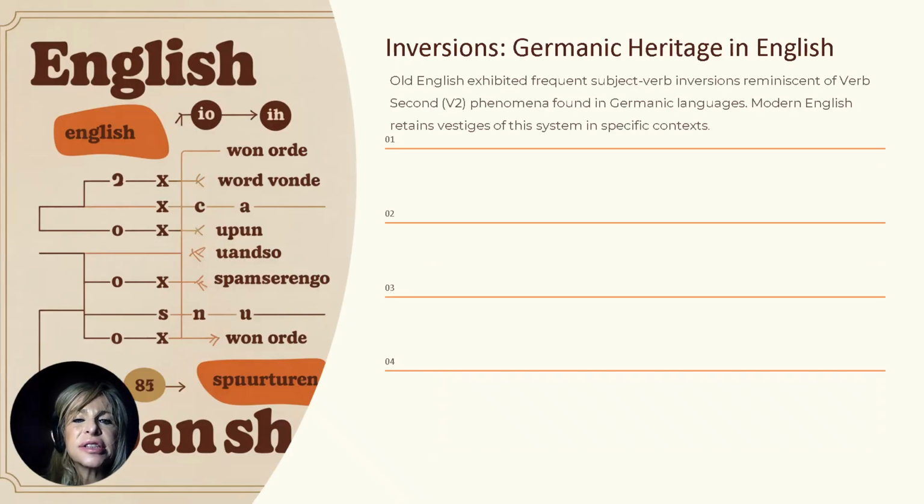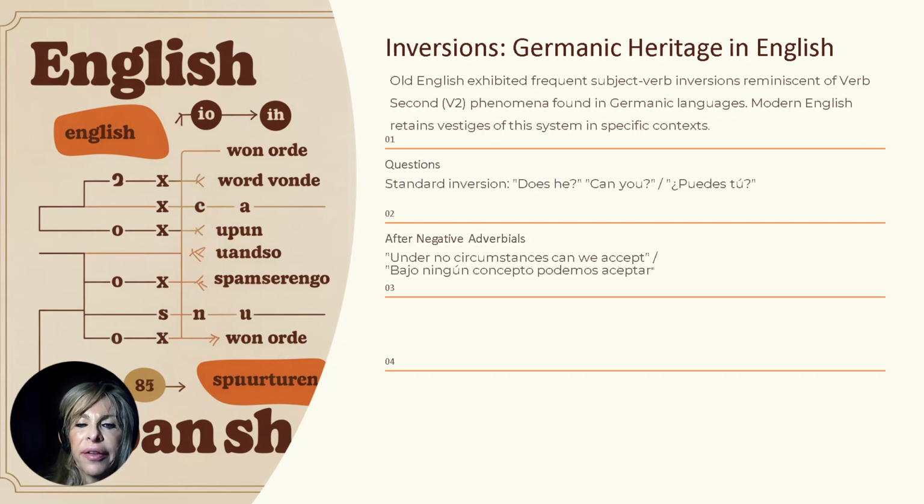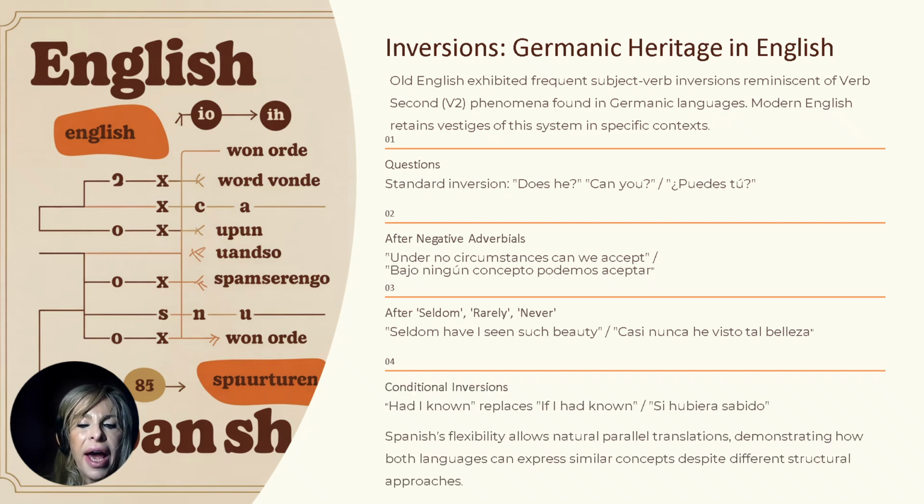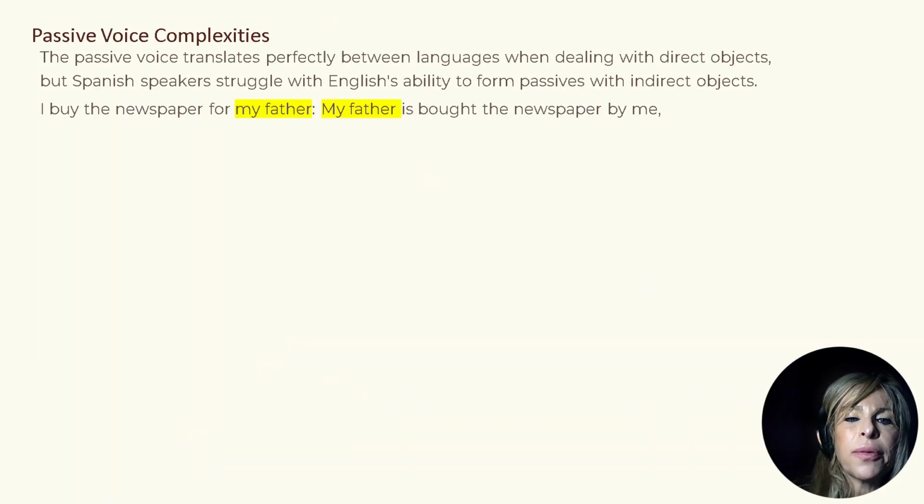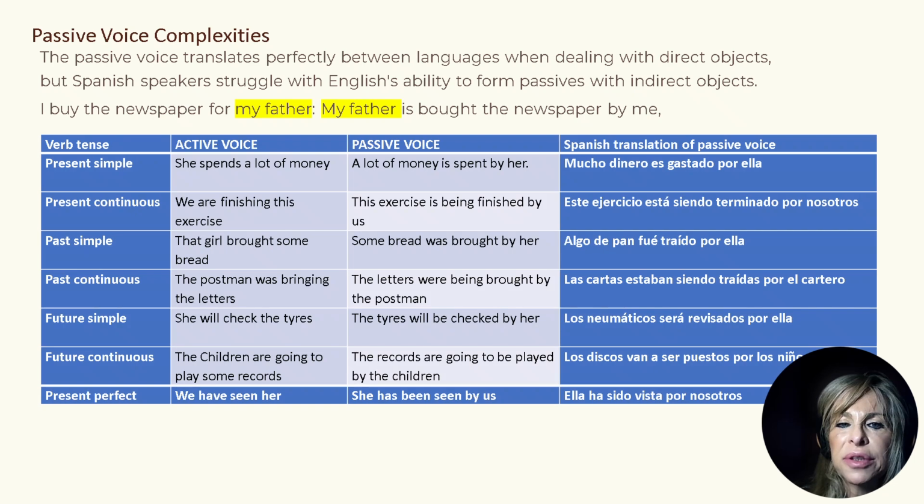Inversions were used in Old English, where now in modern English we have some vestiges in some contexts, for example, in questions, or in negative adverbials, or after seldom, rarely, and never, and in conditional inversions. Passive voice complexities. The passive voice translates perfectly between both languages.